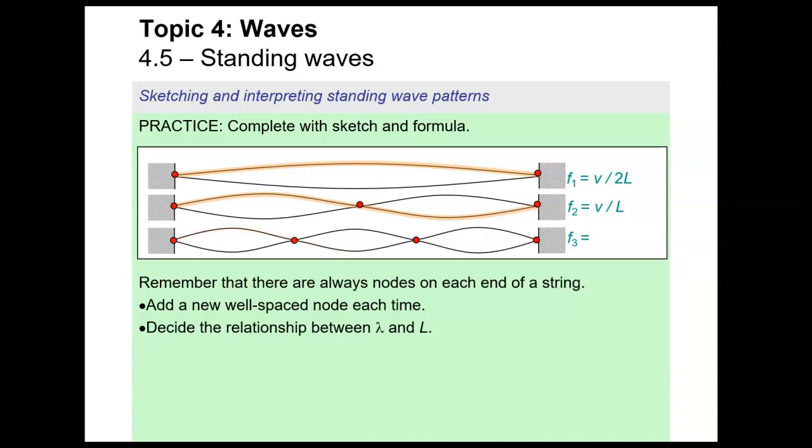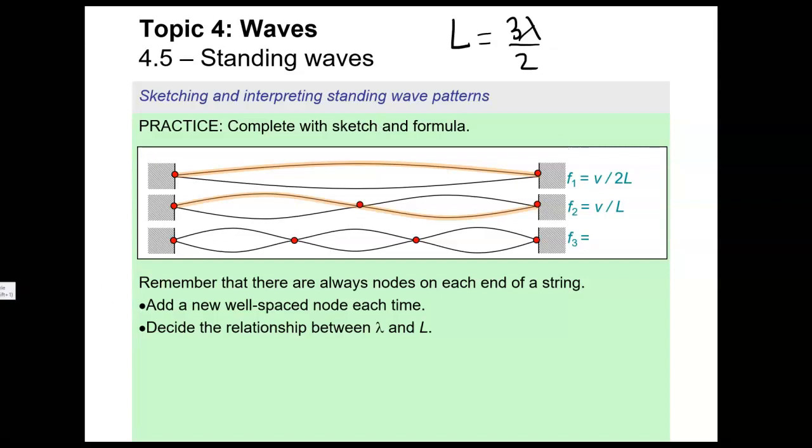And if you ask yourself how many wavelengths we have in L, here we have 1 wavelength and then a half wavelength. So I would say L is equal to 3 halves wavelengths. Okay, we have 1 lambda plus a half lambda. That's 3 lambda over 2.